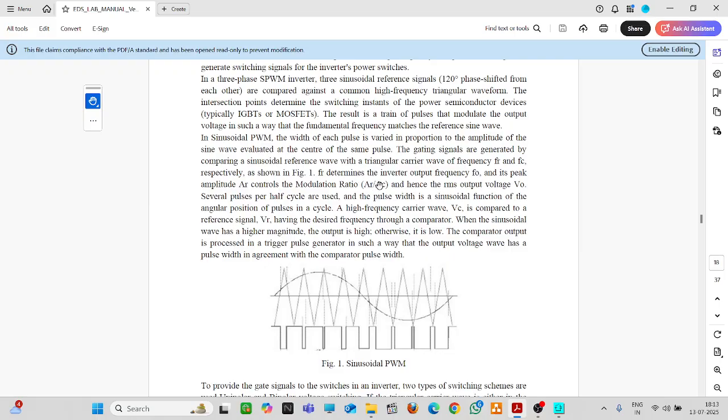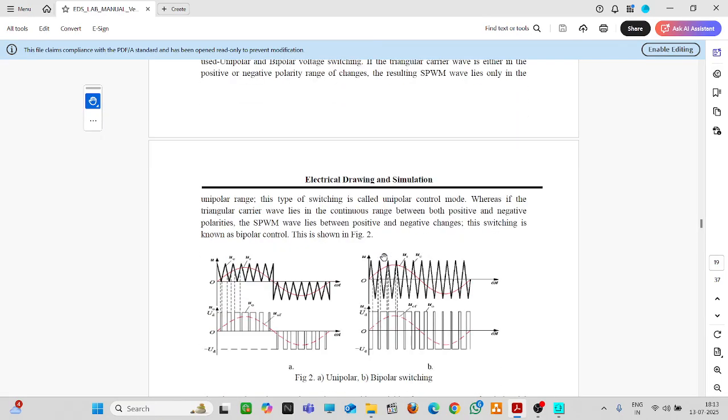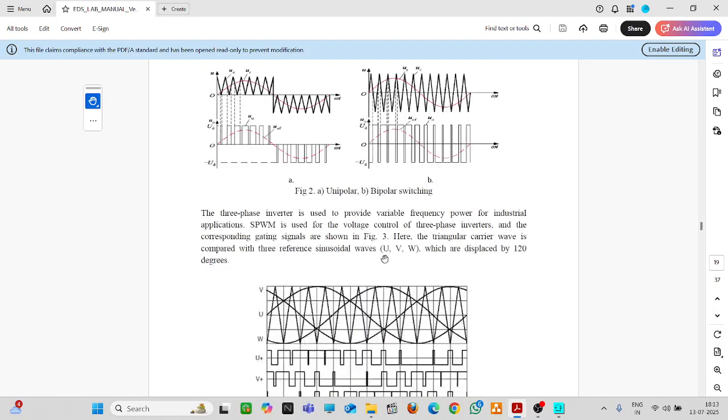Now, suppose you keep AR as 0.8, so the amplitude modulation will be 0.8. Besides amplitude modulation, you will have the frequency modulation, that will be FC upon FR. So in this way, you can shift your lower order harmonics to a very high frequency, because the lower order harmonics are having the higher amplitude, and that can distort the waveform significantly.